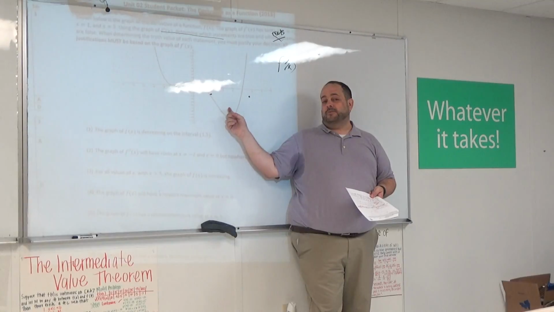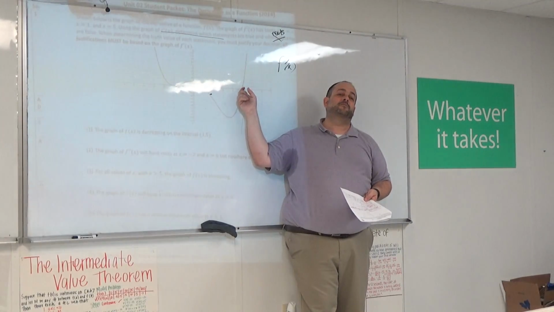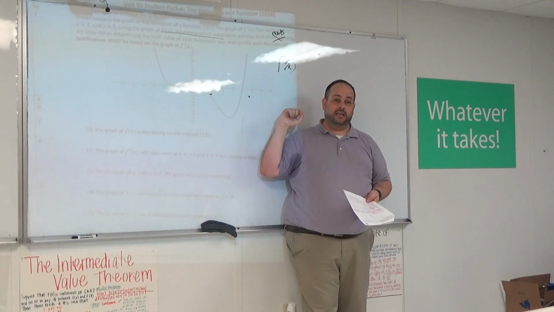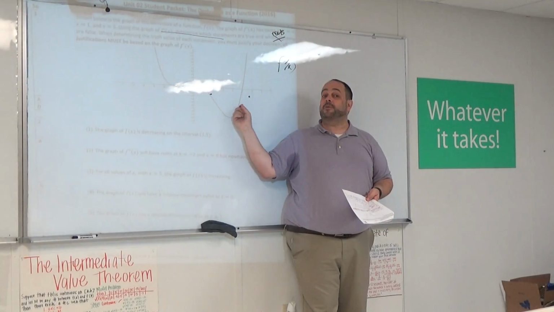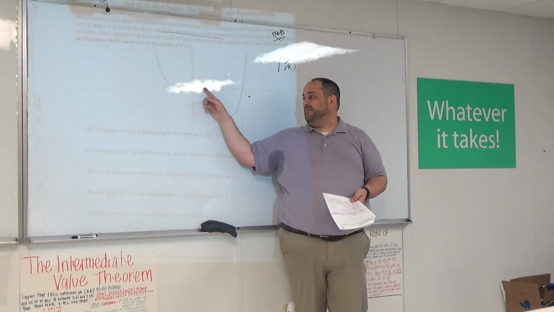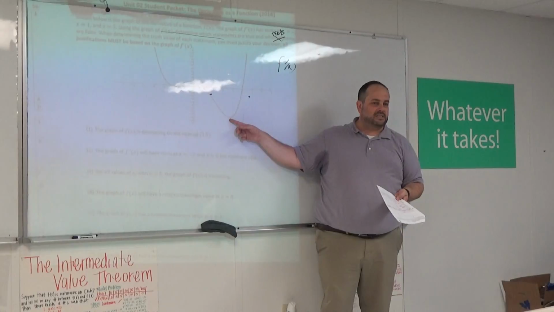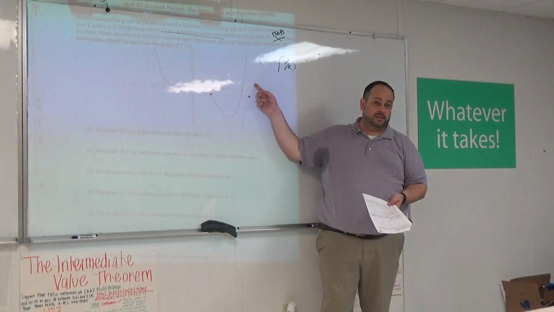Andrew, ignore all those people around you who like to say the word it. On the interval 1 to 5, is the graph of f prime decreasing? This is f prime. Is this graph decreasing? Right, from 1 until like somewhere, call it like 3.5, the graph is decreasing, but then it starts to increase.